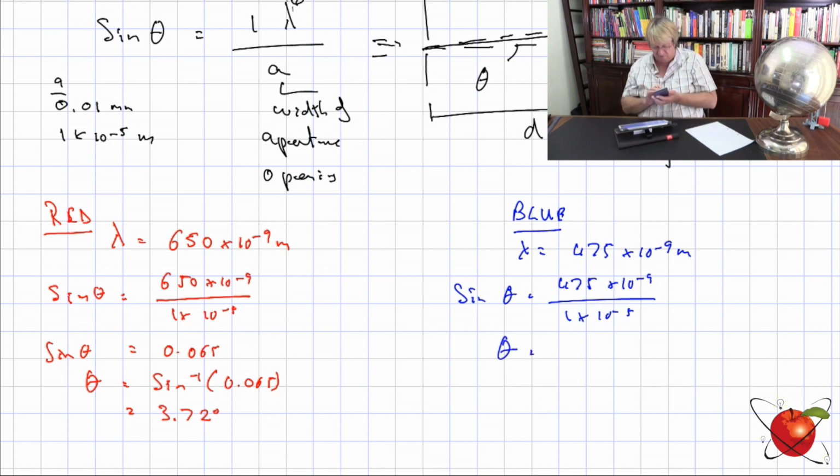So 475 times 10 to the minus 9 divided by 1 times 10 to the minus 5 equals 19 over 400, so we need the arc sine of 19 over 400, which is going to be 2.72 degrees. Okay. Now, what does it mean?